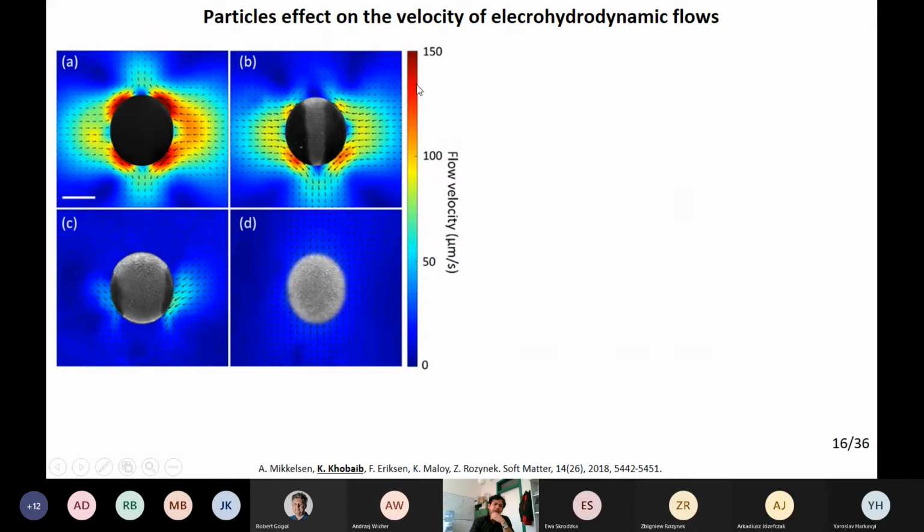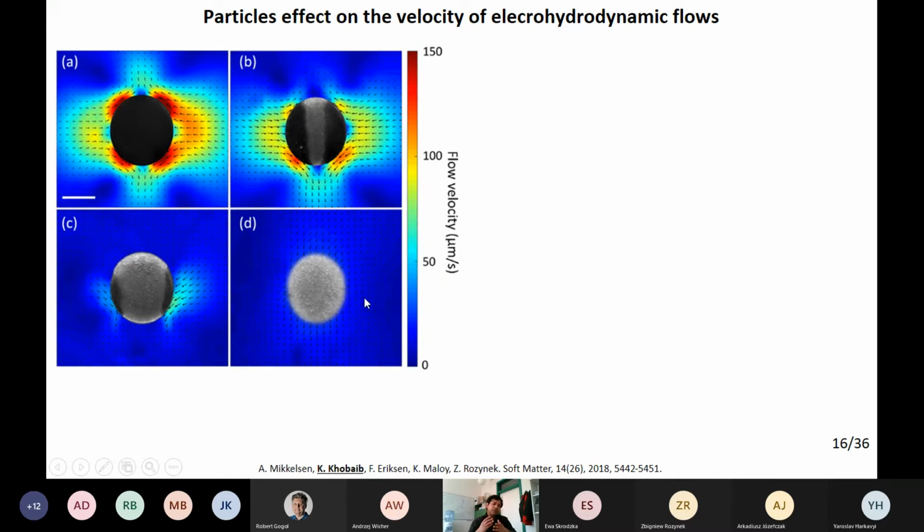We found that the flows around the droplet were quite strong, but when we started increasing the particle coverage, the electrohydrodynamic flow started decreasing. When the droplet was fully covered, no flow was found around the droplet. As I said, when the droplet is fully covered, there is no tangential force, because it is absorbed by the particles, and there is no induced electrohydrodynamic flow.